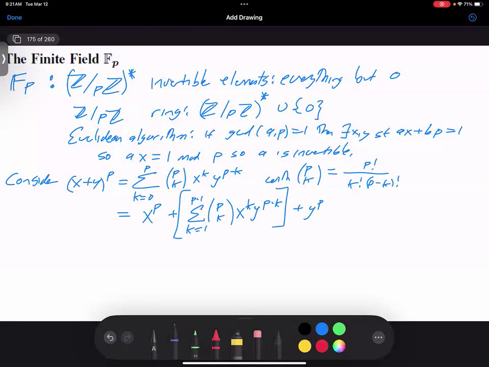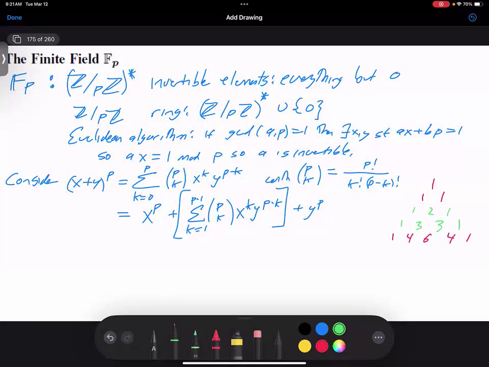So let's look at Pascal's triangle a little bit. So it's 1, this is the 0th row. The next row is 1, 1, then 1, 2, 1, then 1, 3, 3, 1. The next row is not prime: 1, 4, 6, 4, 1.